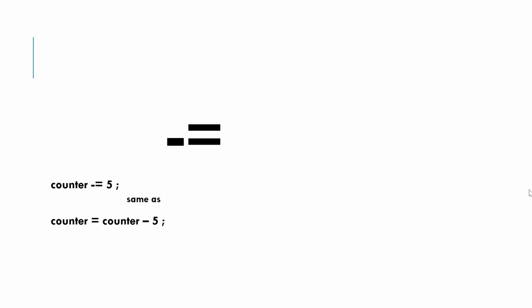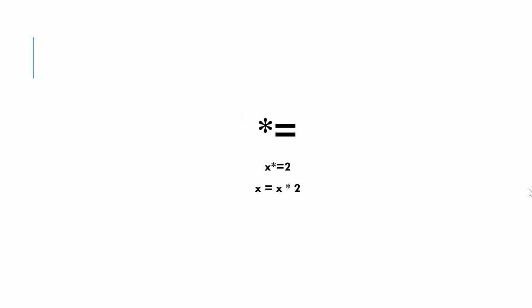Minus equal to: counter minus equal to 5 means counter is equal to counter minus 5. Star equal to 2 means x is equal to x times 2. It means take whatever the previous value of the variable is, multiply it by 2, and assign it to the same variable, updating the variable with that value.